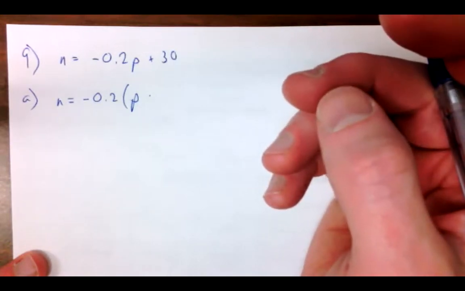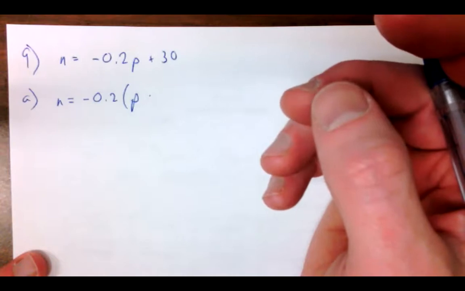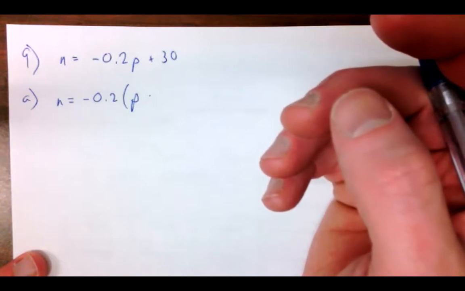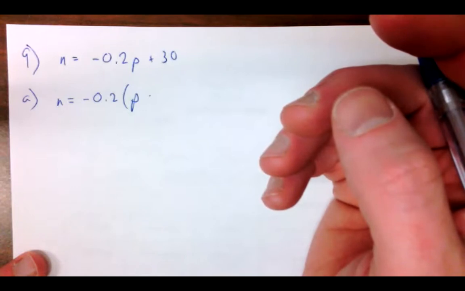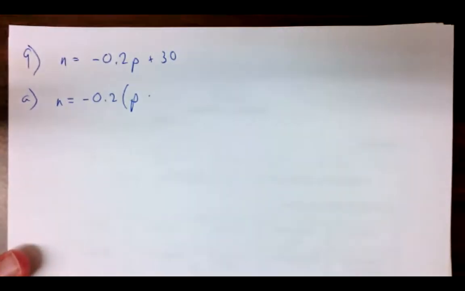The number N of units of a product. Oh, this one's different. This one threw me for a second. This is not a quadratic question.